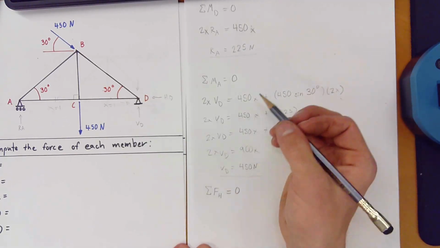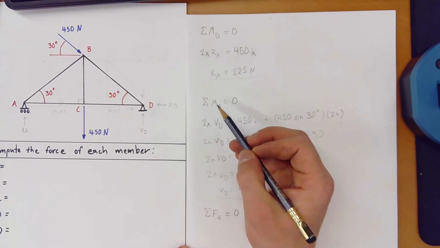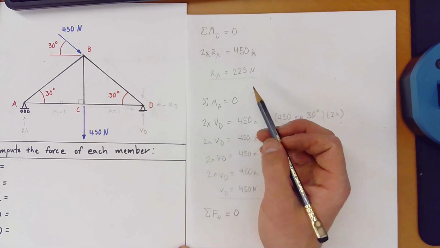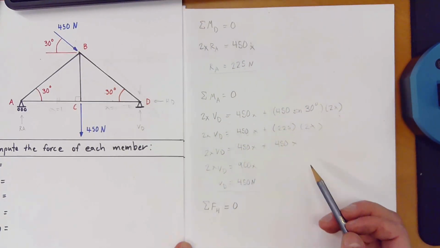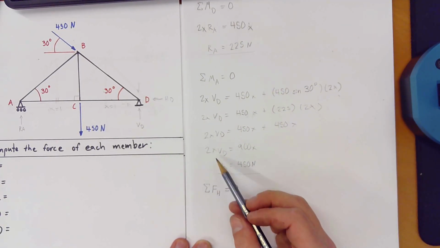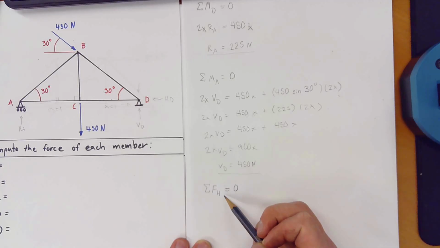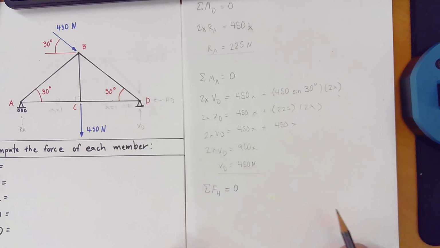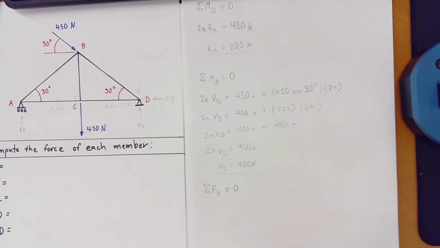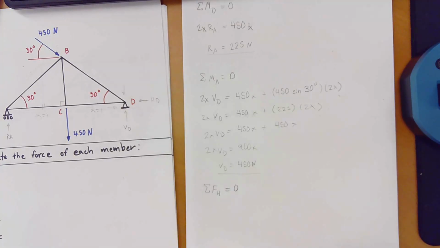That's our formula, same as up here. The sum of the moments needs to equal 0. The sum of the forces in the horizontal direction needs to equal 0. The sum of the forces in the vertical direction needs to equal 0. Everything equals 0. Everyone gets a 0.